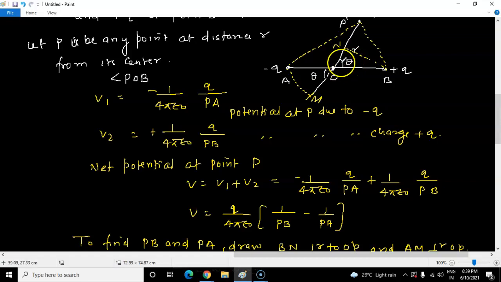So in this triangle, I write cos theta for this angle. Cos theta is equal to base by hypotenuse. The base here is OM, and the hypotenuse is OA, because this is the 90 degree angle.